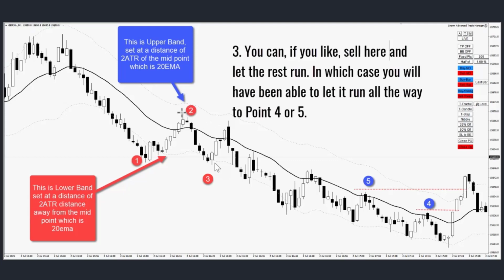Then if price comes and hits that level, you have a small loser and a half R winner, which will still be a winner, but it will allow you to stay in the trade longer. What I would do is, if I close half here and my stop loss is there, I most probably get out. And because this has become a new setup, 1, 2, I will get back in there again.